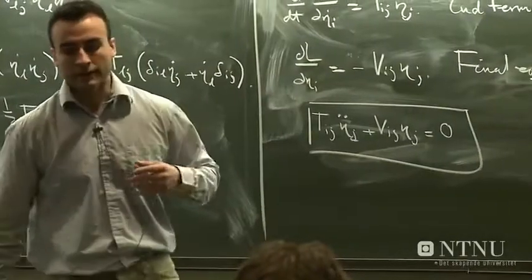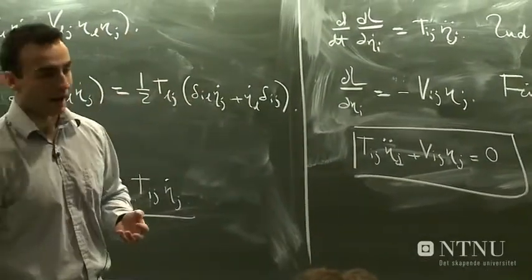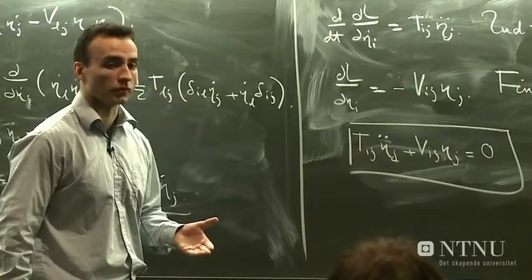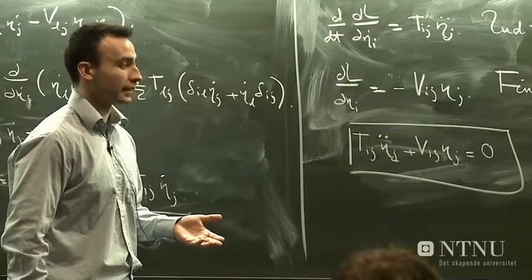What this equation does is that it provides us with a solution for eta i as a function of time, which in turn describes how the system moves or behaves near equilibrium.